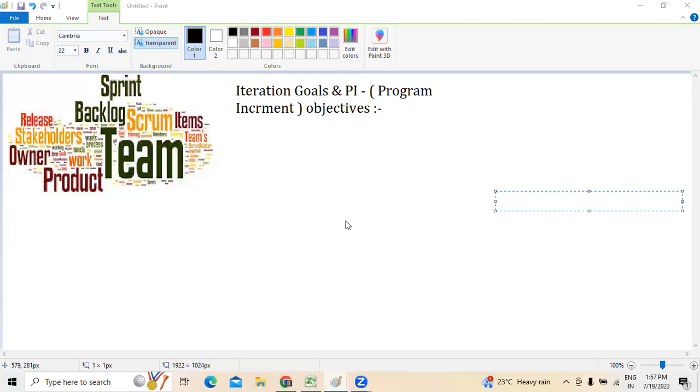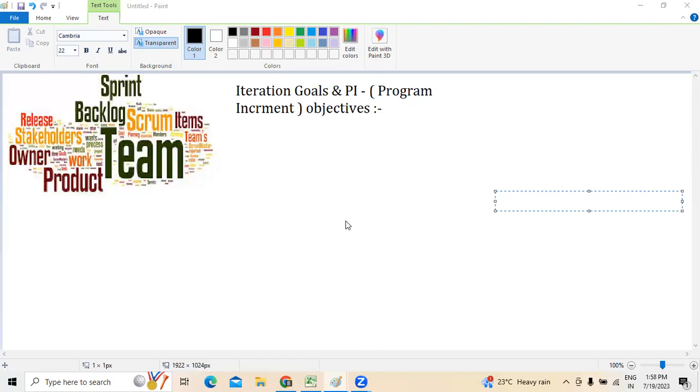Because the kind of objectives which are not majorly focusing on the goals are one of the most common reasons why most organizations stop using all that.